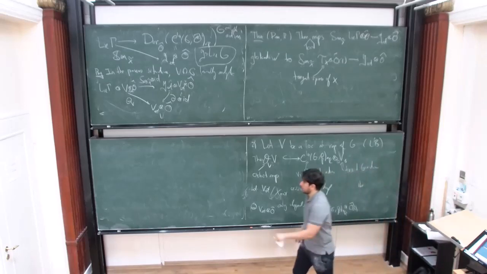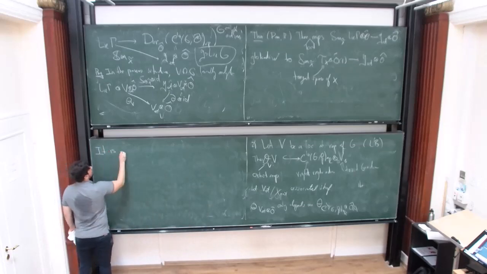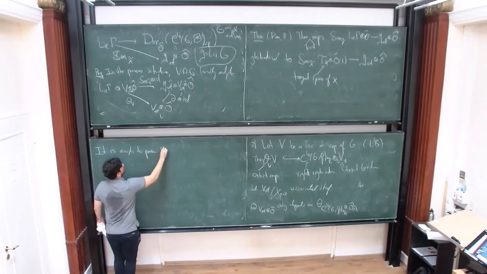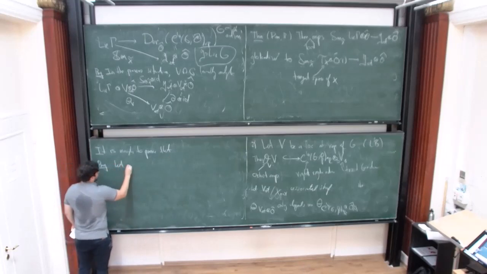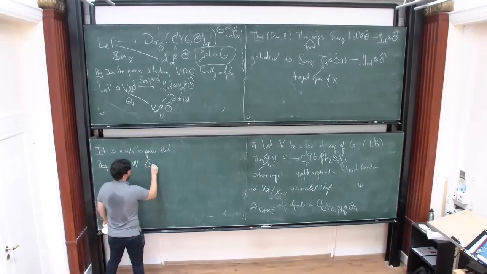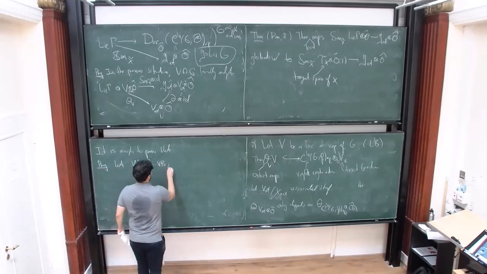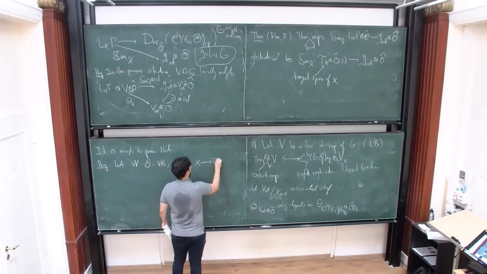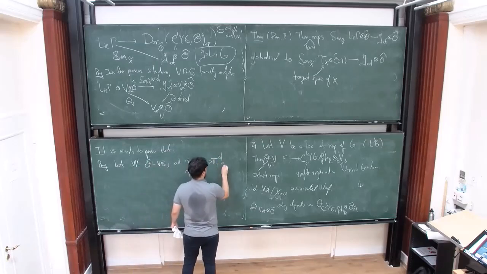So it's enough to prove: if we take an arbitrary vector bundle, then well, we have two parts, C1 and C2, with groups gamma 1 and gamma 2.